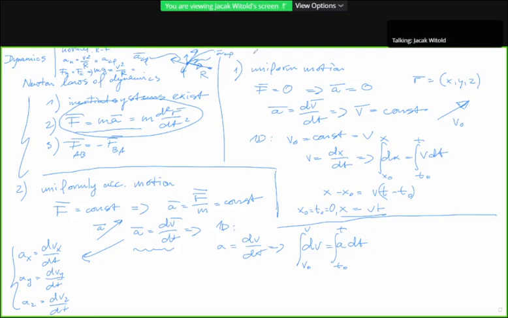You can also find the connection between omega and v: omega is v over r, or otherwise v is omega r, which means here that you can change this to omega squared r, because it would be omega squared r squared, but one r is cancelled with the denominator.